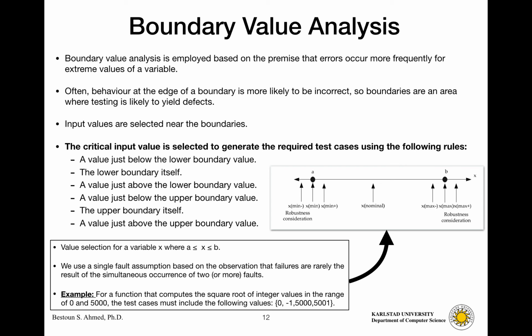We have the minimum and the maximum, and then we choose a value just below the lower boundary, the lower boundary value itself, and the value just above the lower boundary. Then the value just below the upper boundary, the upper boundary value itself, and the value just above the upper boundary.